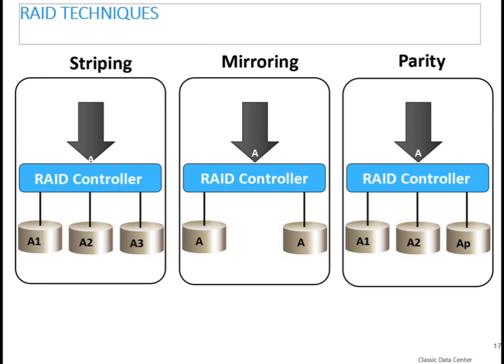Mirroring is a technique where data is stored on two different disk drives, yielding two copies of data. In the event of one drive failure, the data is intact on the surviving drive, and the controller continues to service the compute system's data requests from the surviving disk of the mirror pair. Mirroring improves read performance because read requests are serviced by both disks.